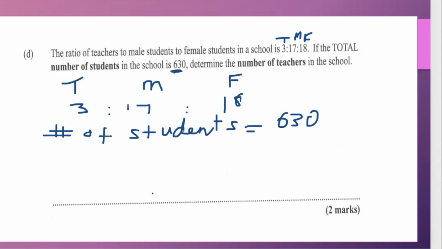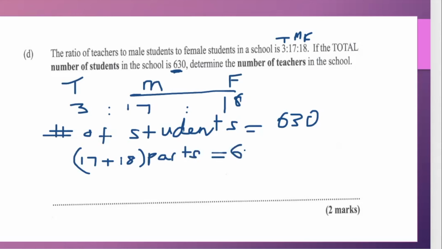So let me go ahead and write that the total number of students that I have is 630. Now I am going to add the parts where I have 17 for male and 18 for female. So how many parts in total do I have? 17 plus 18. That's going to give me the amount of parts for the students. So in total, I will have 630 students, and the 35 parts will give me 630 students. That's what it means.